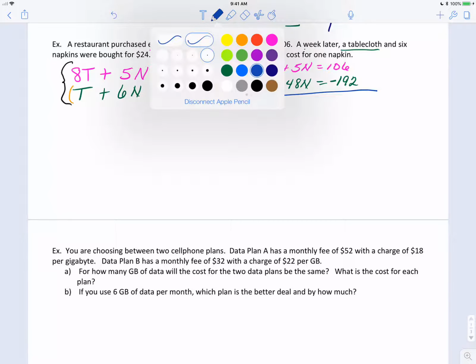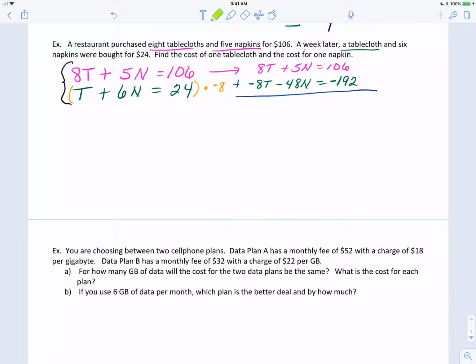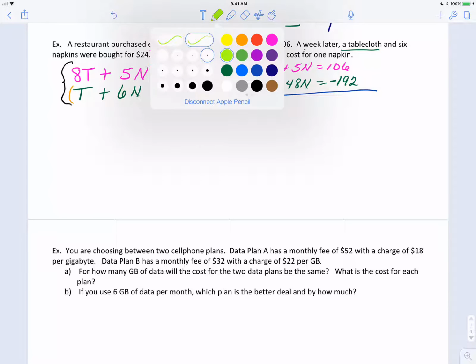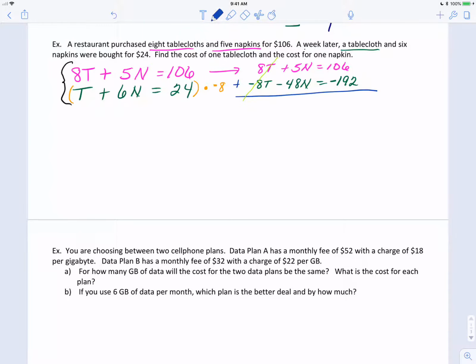We've eliminated our t variable for tablecloths, so 8t plus a -8t gives me my 0. So we've got 5t plus 48, that gives me 53 n's. Sorry, I think I said t. 106. Oh, no, hold on. I miscalculated.